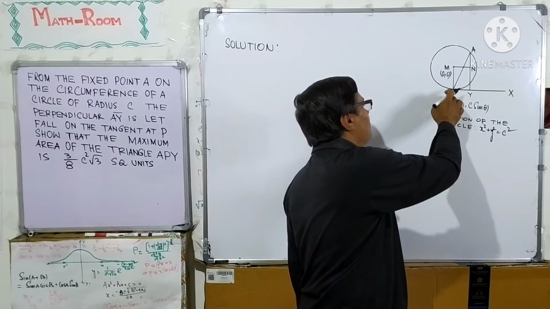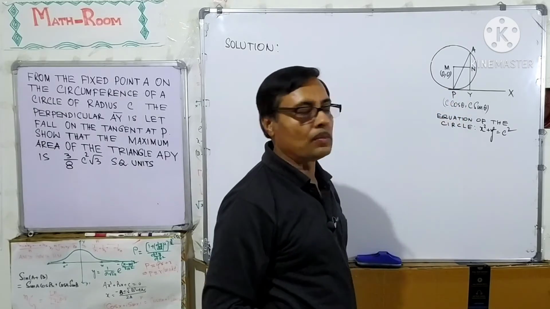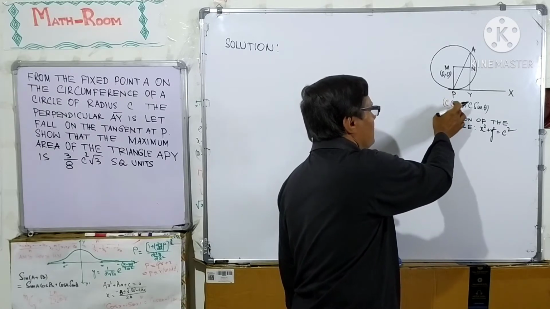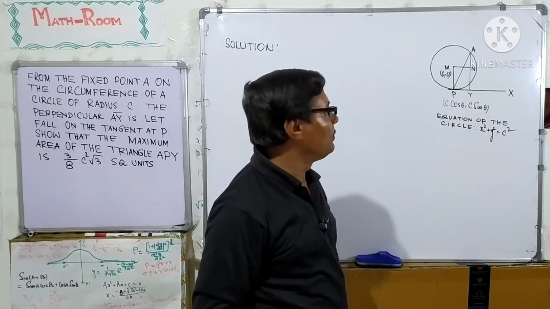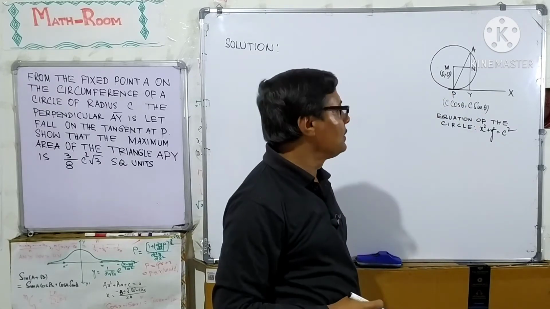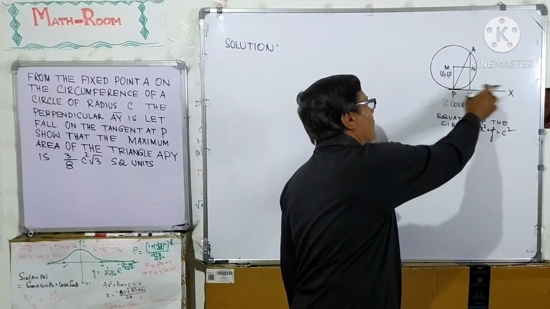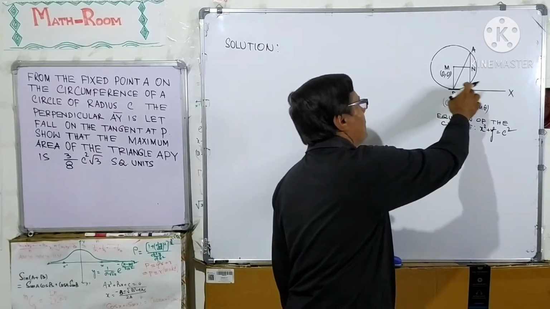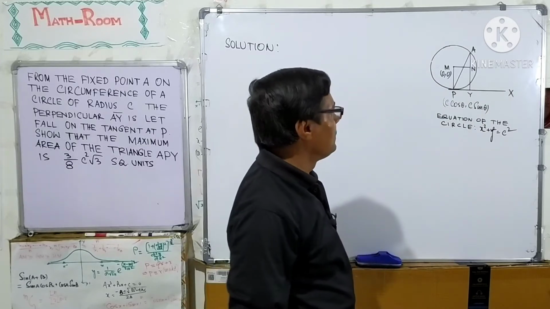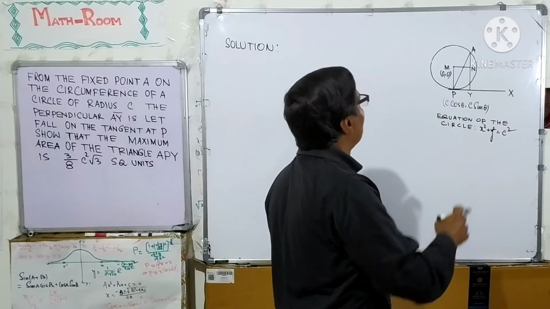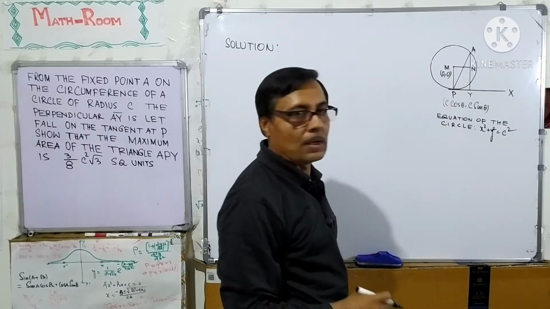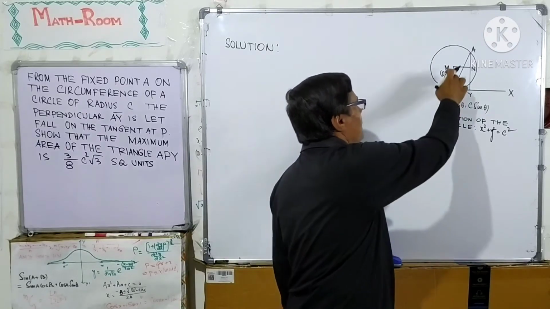We can also consider the coordinates of the point of contact of the tangent with the circle as c cos theta, c sin theta. PX is the tangent, and AY is the perpendicular to the tangent. We have also drawn the radius passing through the point of contact, which is MP.